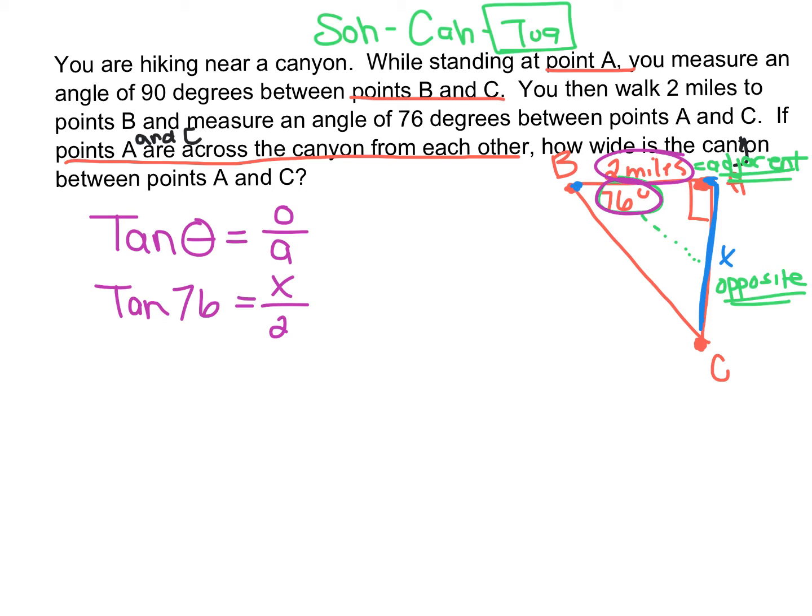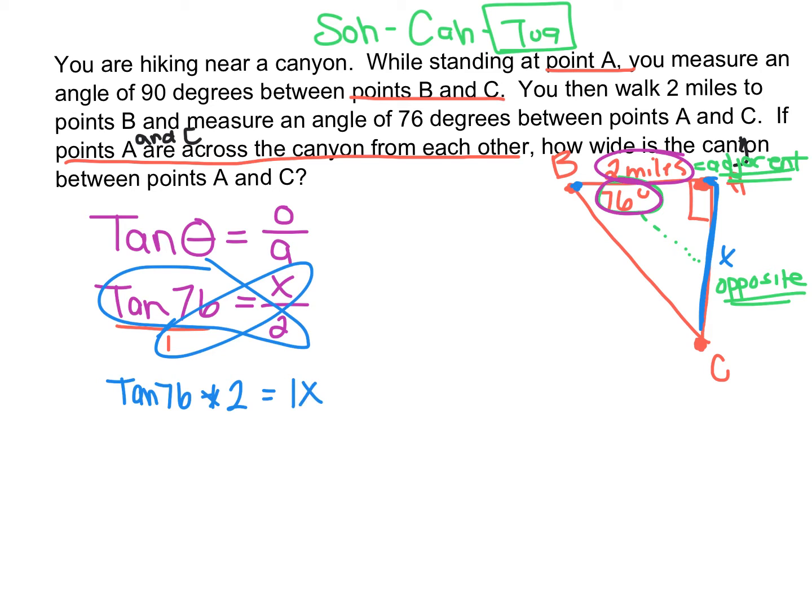Then from here, I can solve this. I'm going to turn it into a fraction so that I can use cross multiplication. So I can do fraction equals fraction and do numerator times other denominator. So I can do tangent of 76 times 2 is equal to 1 times x.